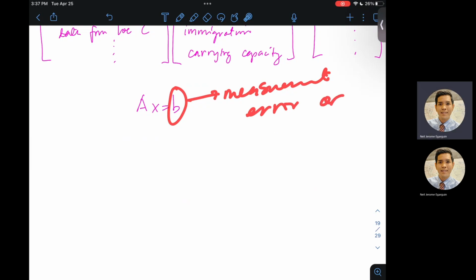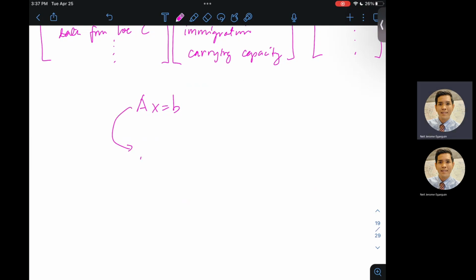Or simply noise, right? So for instance, we want to solve AX equals B, but the right-hand side that we get from physical measurements will not give us exactly B because we have physical limitations for measurements, etc. So instead, what we might get is a system that looks like AX equals B plus epsilon, where the norm of epsilon, say in the L2 sense, is much less than 1.